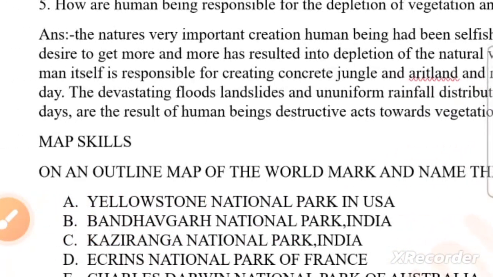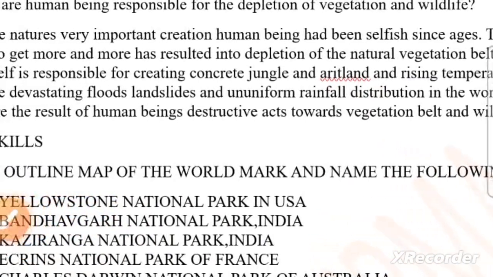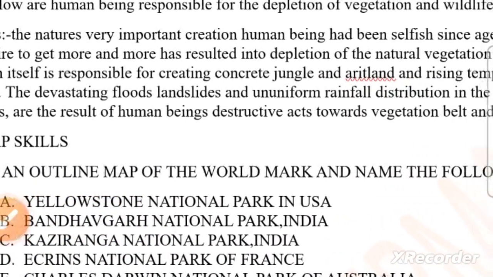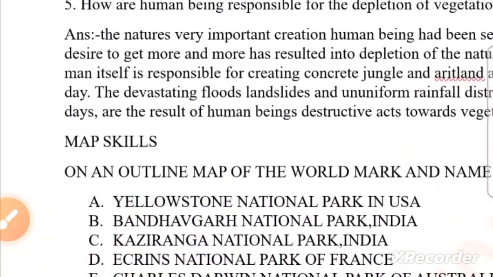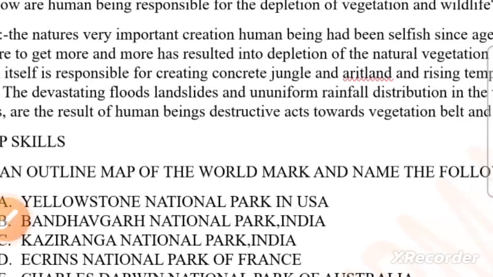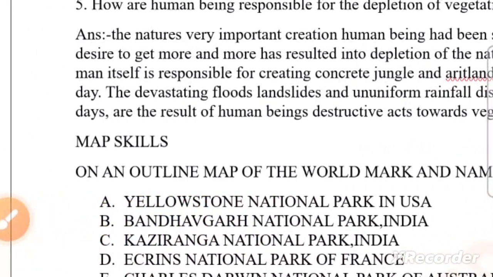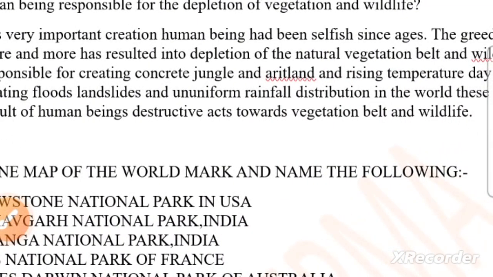The greed and desire to get more and more has resulted in depletion of the natural vegetation belt and wildlife. Man itself is responsible for creating concrete jungles and rising temperature day by day. The devastating floods, landslides, and uneven rainfall distribution in the world these days are the result of human beings' destructive acts towards vegetation belt and wildlife.